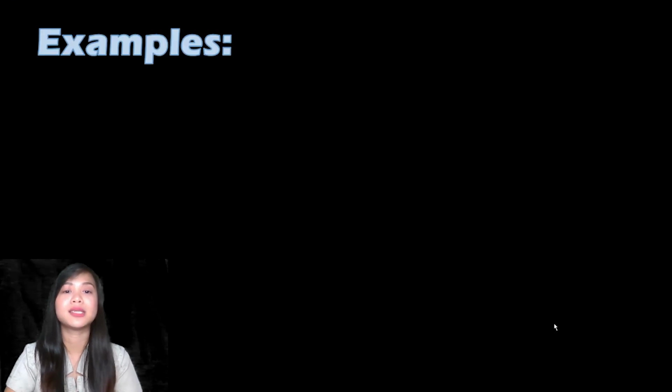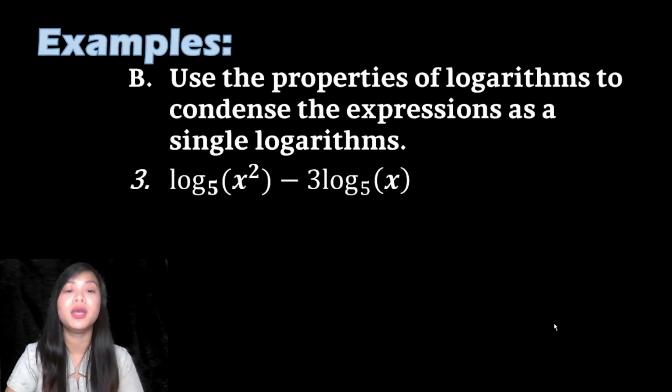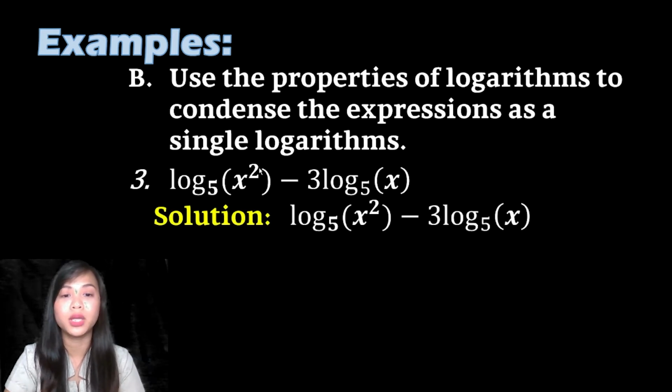And last example, we have log base 5 of x squared minus 3 log base 5 of x. Same base, and we have a minus here, and we have x squared as your first power with an exponent 2.